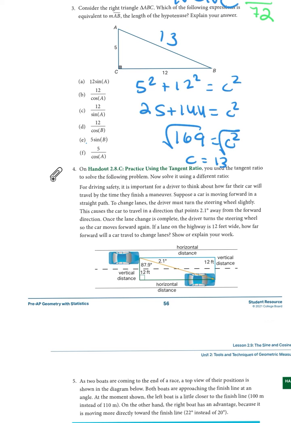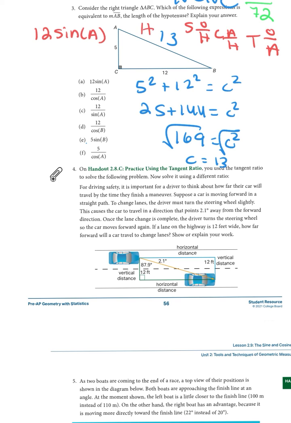The first question says that we want to find which expression is equivalent to the measure of AB, which is the hypotenuse. So which one of these is going to give us 13? If I do 12 sine of A, well, I know SOHCAHTOA, let me go back. I know that sine A is basically just opposite over hypotenuse.